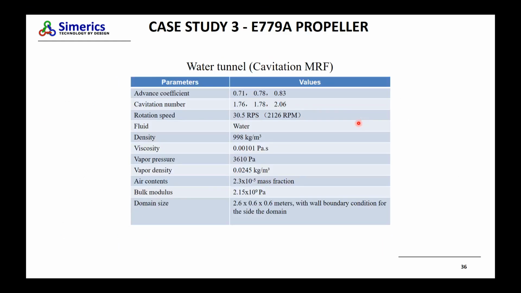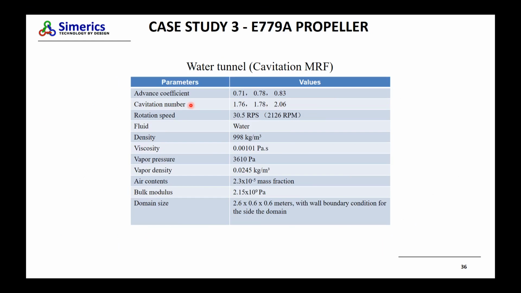So let's look at some of the parameters that were used. We were running, I think, 3 cases, with advance coefficients of 0.71, 0.78, and 0.83. Advance coefficient is essentially the ratio of the inlet flow velocity divided by the rotational speed. For these cases, we have 3 cavitation numbers: 1.76, 1.78, and 2.06.